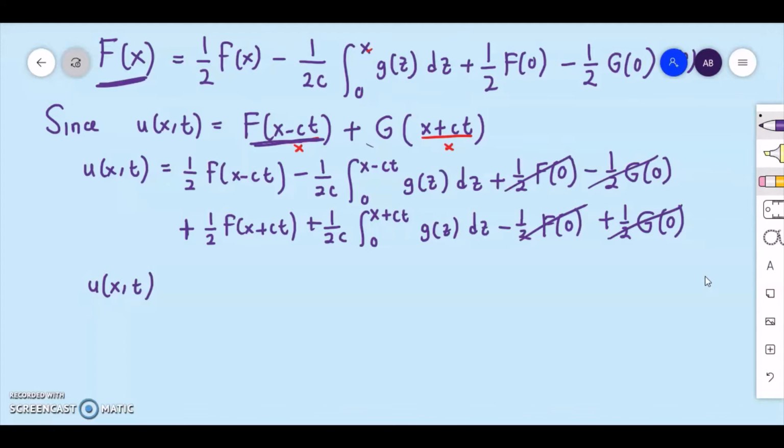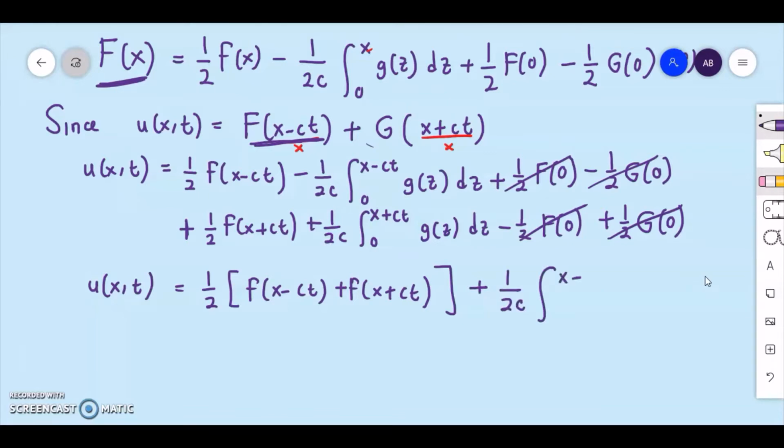So my solution now should be half f of x minus ct plus f of x plus ct, plus 1 over 2c, that will be this one. The negative here will be positive by swapping the interval, and I have g of z dz.